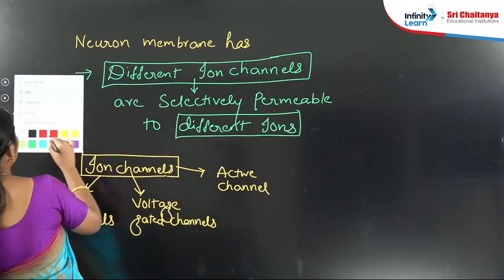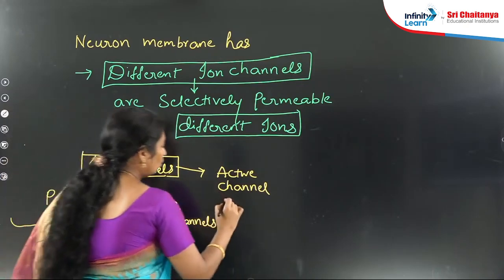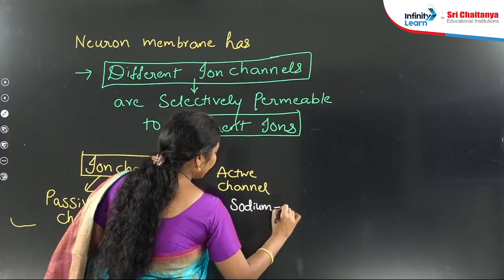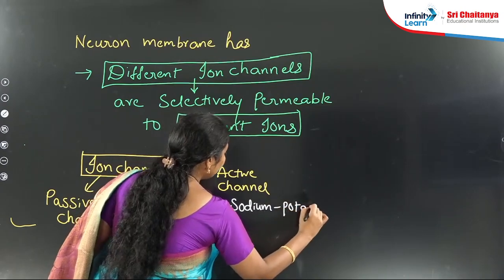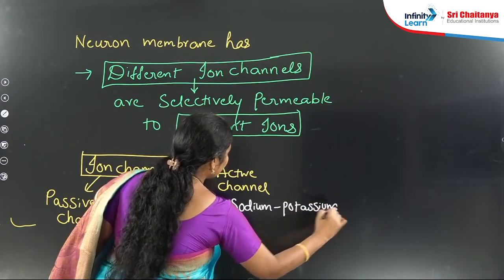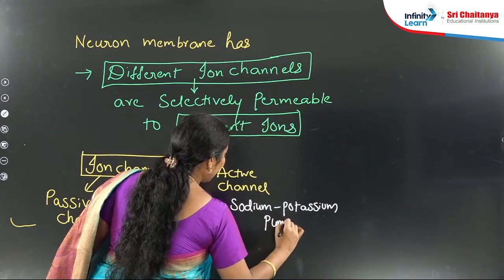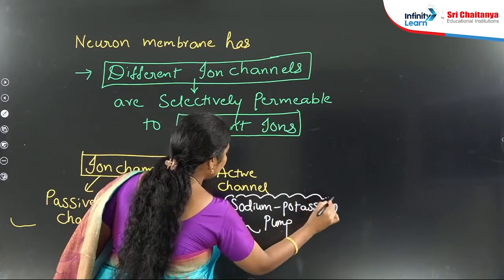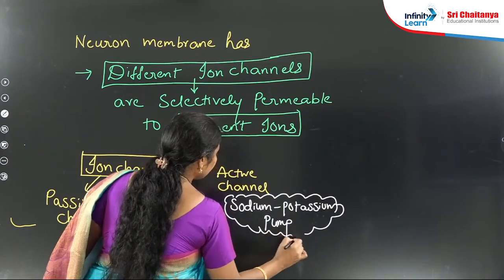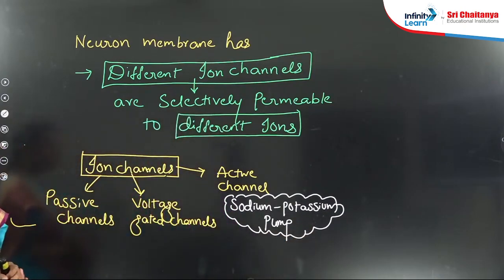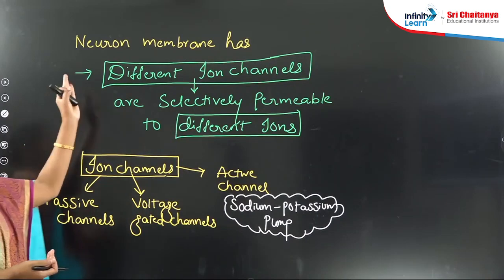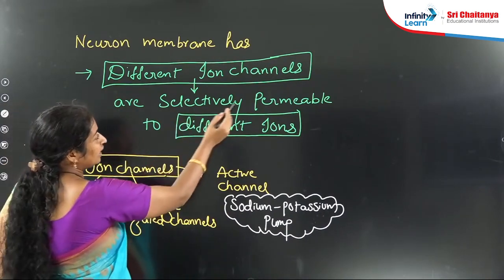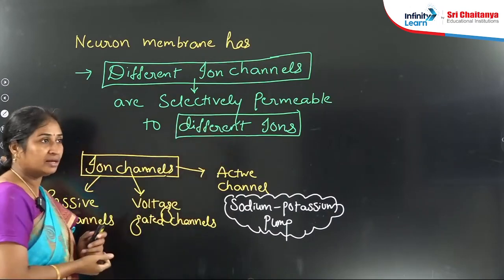The active channel is known as the sodium potassium pump. This pump is active, meaning it pumps the ions at the cost of ATP. So there are different types of ion channels present on the neural membrane, but these ion channels are selectively permeable to different ions.